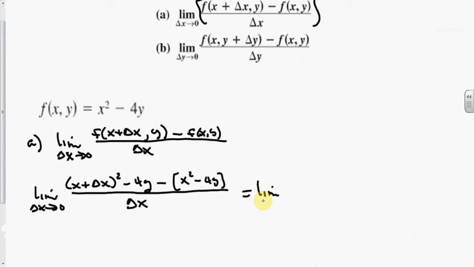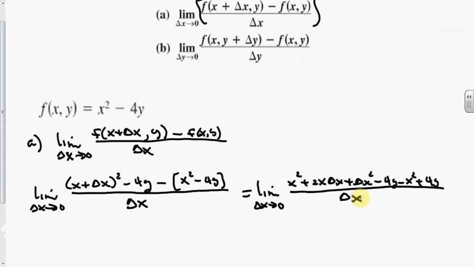Just simplify that now. This is the limit as delta x goes to 0 of x squared plus 2x delta x plus delta x squared, minus 4y, minus x squared plus 4y, all over delta x. A couple of things cancel: x squared minus x squared goes out, minus 4y plus 4y goes out.